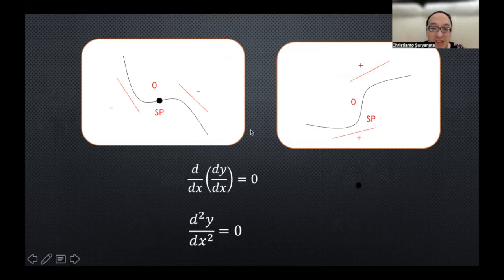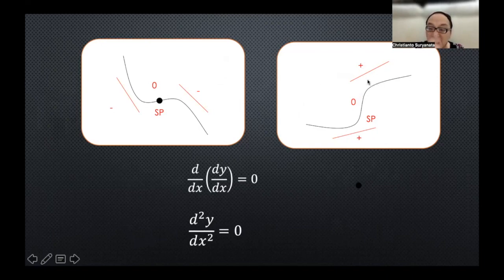How about if there is no change? If we see from the stationary point, the gradient before is negative. After the stationary point, the gradient is negative. So there's no change. As well as this, before the stationary point it is positive, and after the stationary point it is also positive.